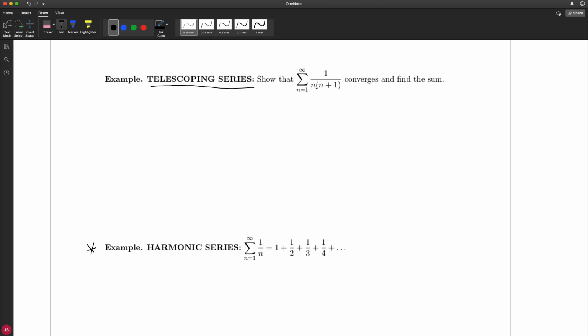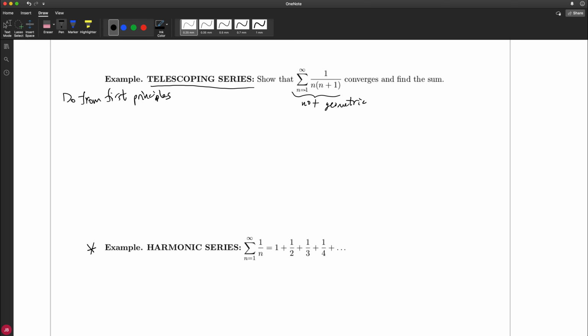So what we're going to do is we're actually going to do this one from first principles, because you'll notice that it's not geometric, right? There is not something being raised to the n power, which you keep adding. Another dead giveaway that a telescoping series is maybe the right thing to do is that the bottom can be factored nicely.